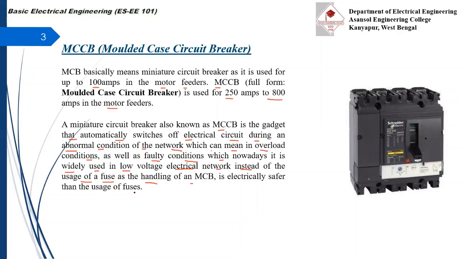In case of MCB, its current capacity is up to 100 ampere, whereas in MCCB its current rating starts from 250 ampere to 800 ampere. So it is safer for higher current rating devices.